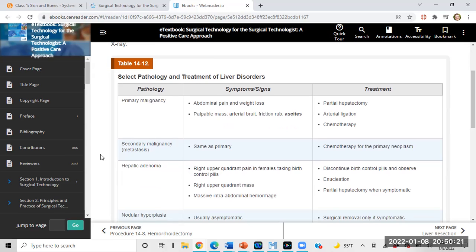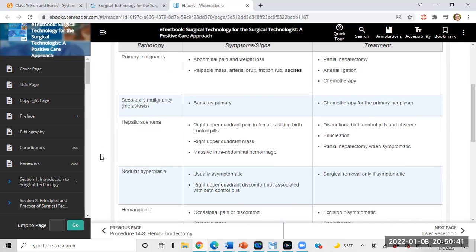So some of the treatments, you can see the list of the treatments. Hepatic adenoma. So adenoma always means cancer of a glandular organ. And so here we're talking about the glands within the hepatic system. You can see the symptoms of those: right upper quadrant pain, and then a massive intra-abdominal hemorrhage.